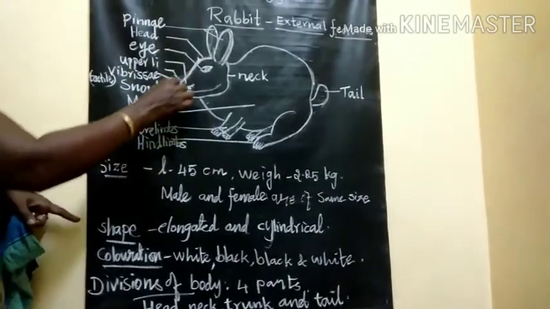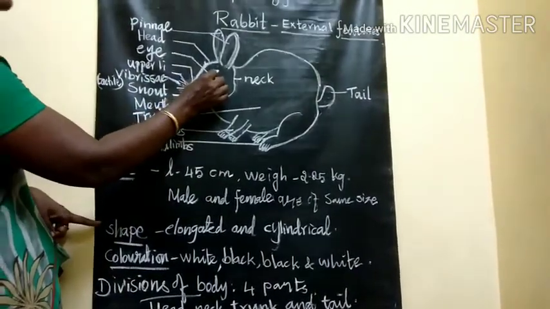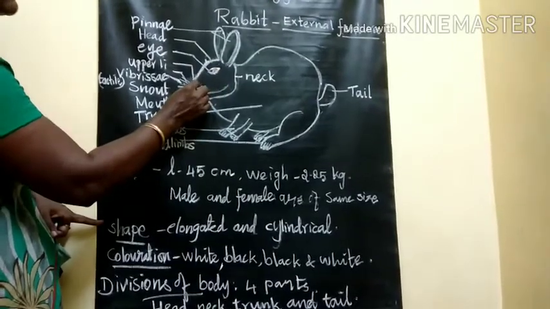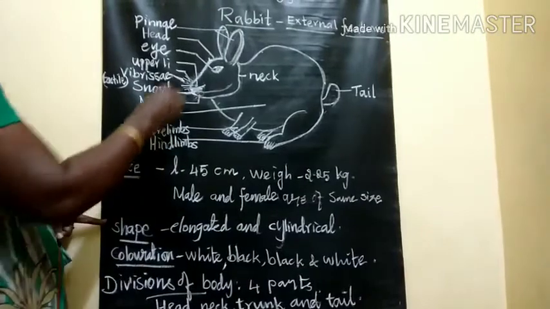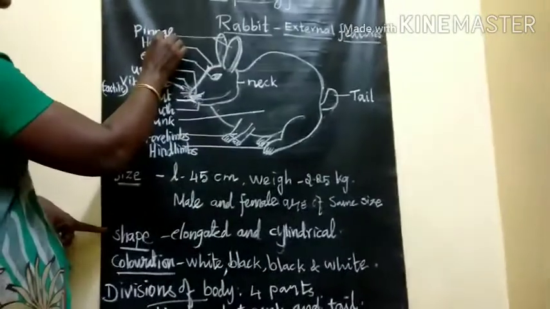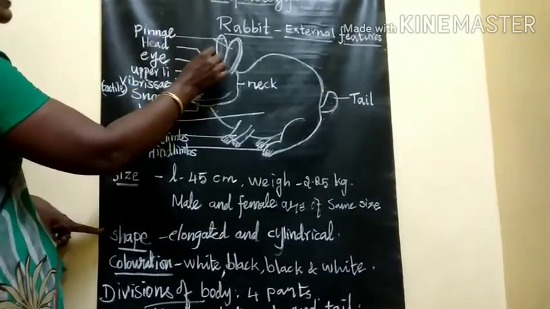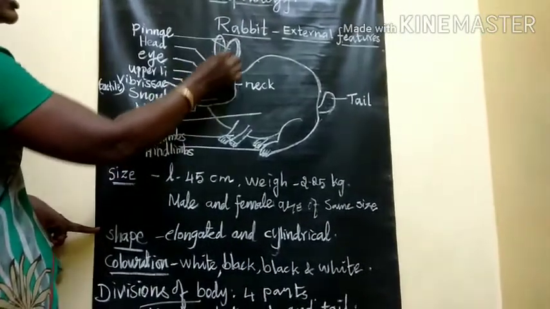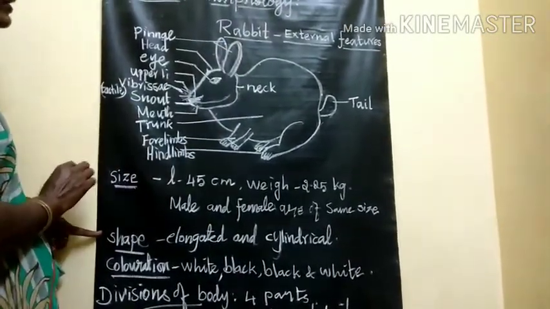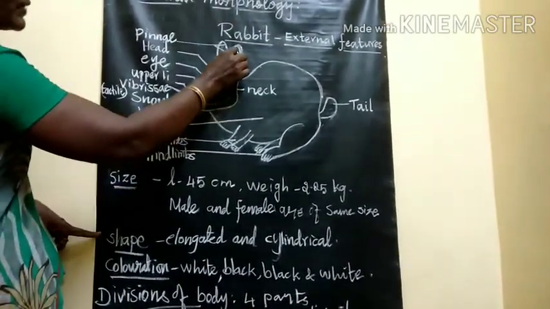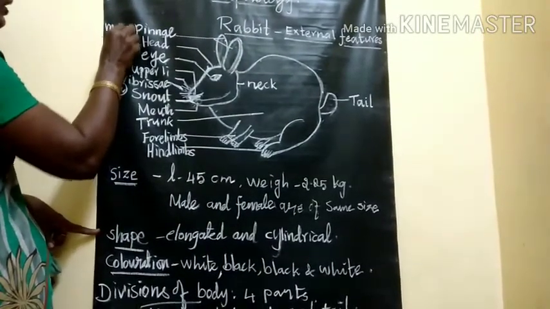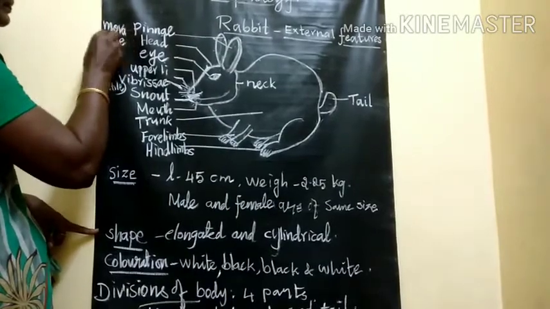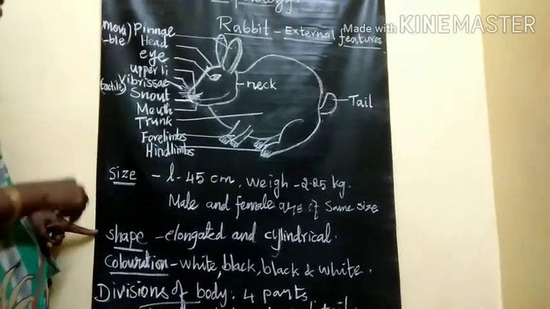And in addition to that, a pair of eyes, a pair of external nares which are oblique in nature, and a pair of pinnae are present. The pinnae are seen at the top of the head. The pinnae are movable.